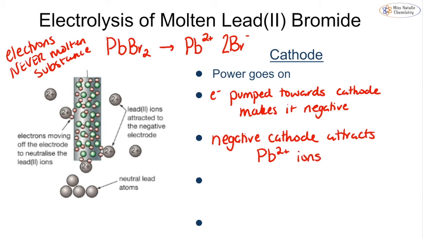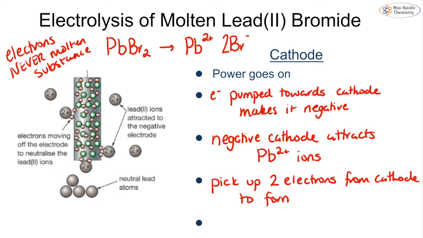These are 2+ ions, so because they are positive, they're going to be attracted to that negative cathode. When they get to the cathode, they pick up 2 electrons from the cathode to form neutral lead atoms.